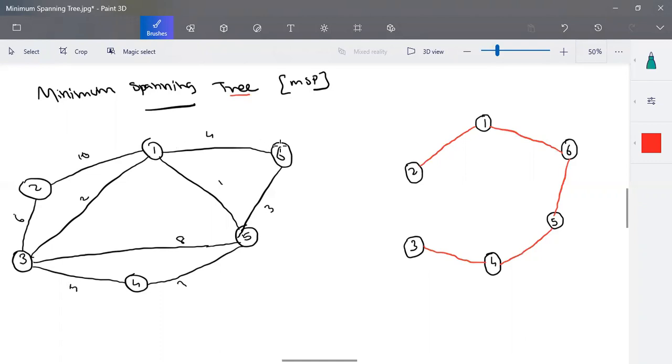In a spanning tree, all the nodes have to be connected. There should not be any isolated node, and the connection should be such that there are no cycles. What we call a tree is a graph that doesn't have any cycle.